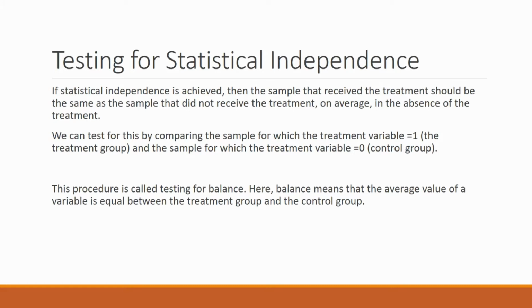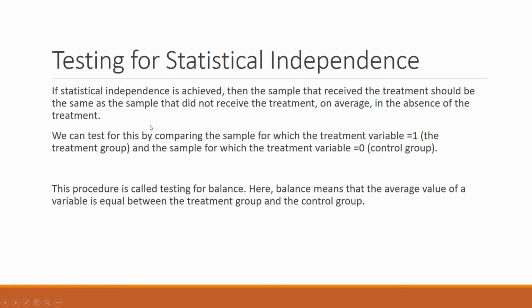If statistical independence is achieved, then the sample that received the treatment, aka the treatment group, should be the same as the sample that did not receive the treatment, aka the control group, on average in the absence of the treatment.